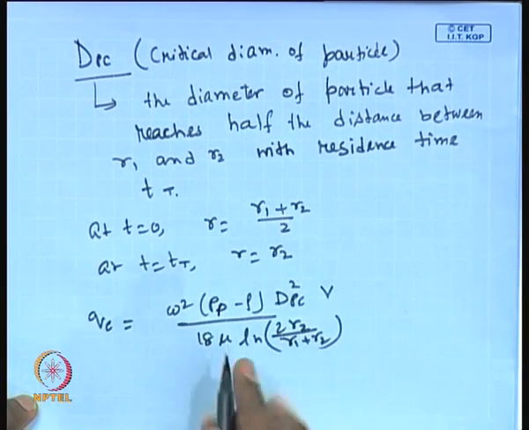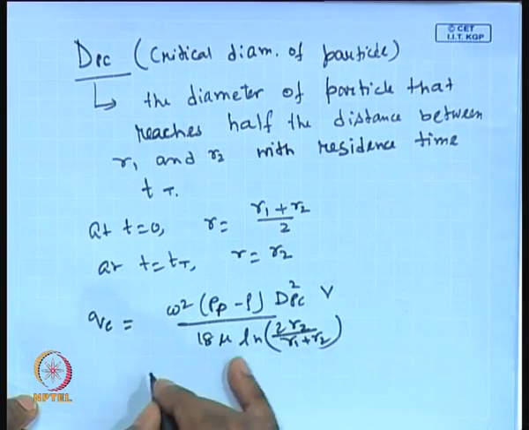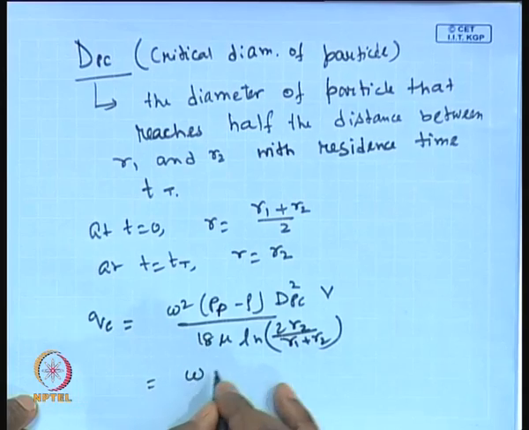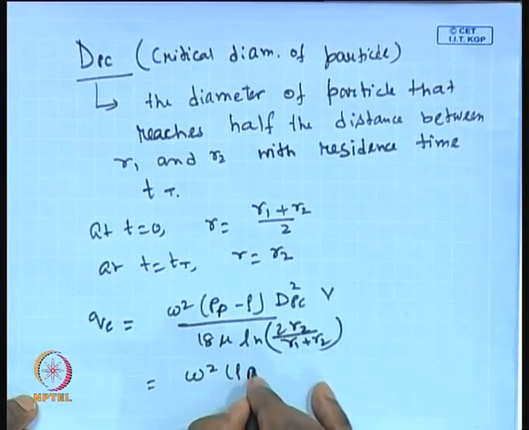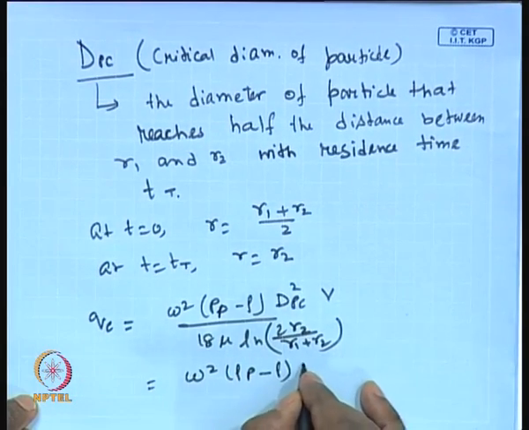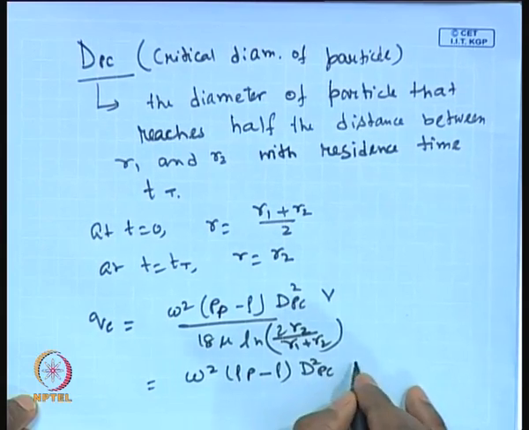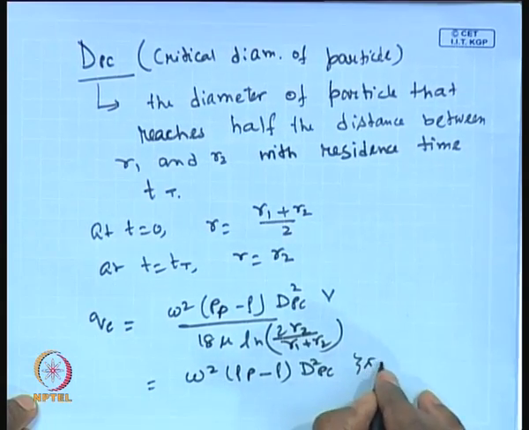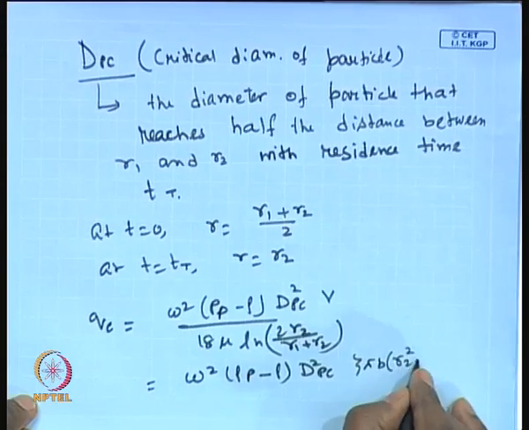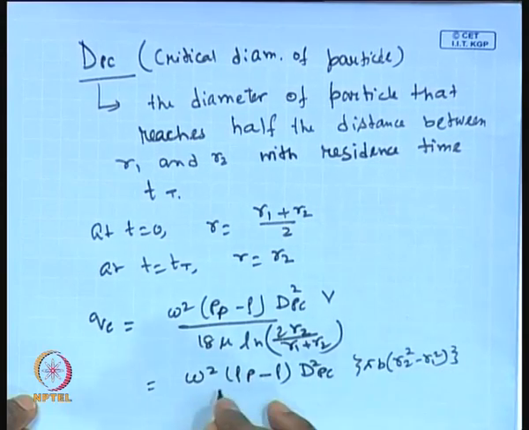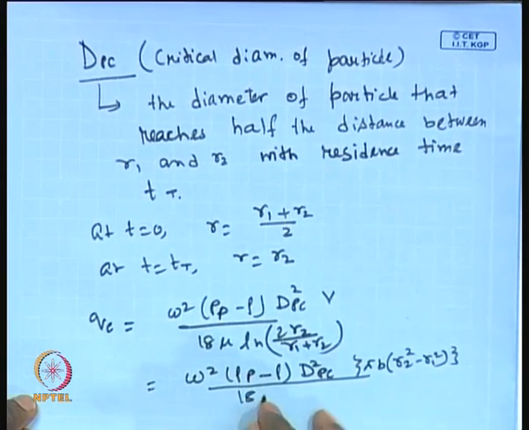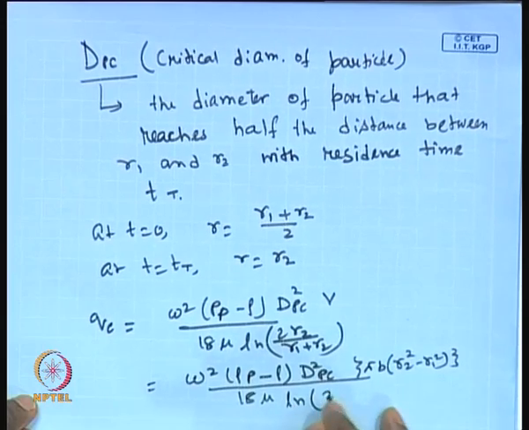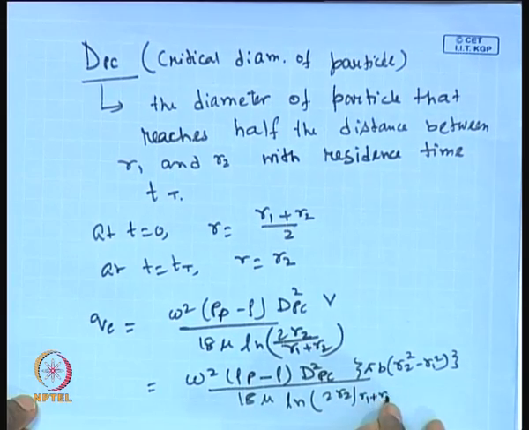So, this turns out to be omega square (rho p minus rho) dpc square, and volume can be replaced as pi b into (R2 square minus R1 square), divided by 18 mu ln 2R2 divided by (R1 plus R2).